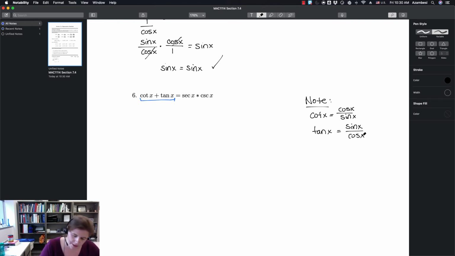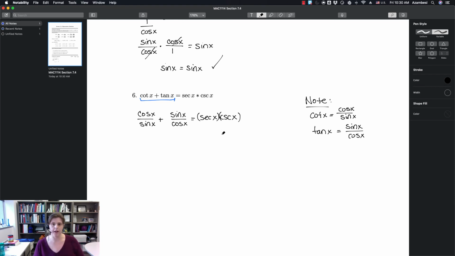So for cotangent, I have cosine of x over sine of x, tangent, sine of x over cosine of x. And somewhere down the line, we want it to equal secant of x times cosecant of x. I'm going to put those in parentheses because it's easier to look at.